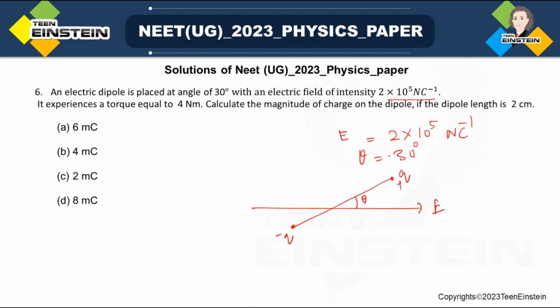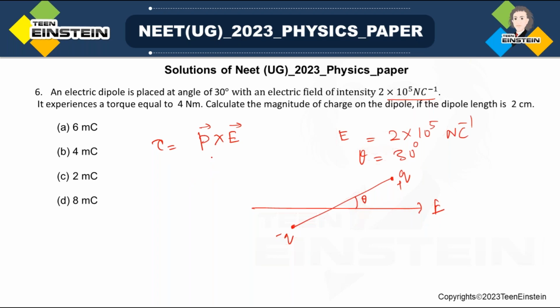The angle that the dipole makes is theta with the electric field intensity. So that is what is written here. And the dipole experiences a torque. See, torque means how much? Torque is P cross E.